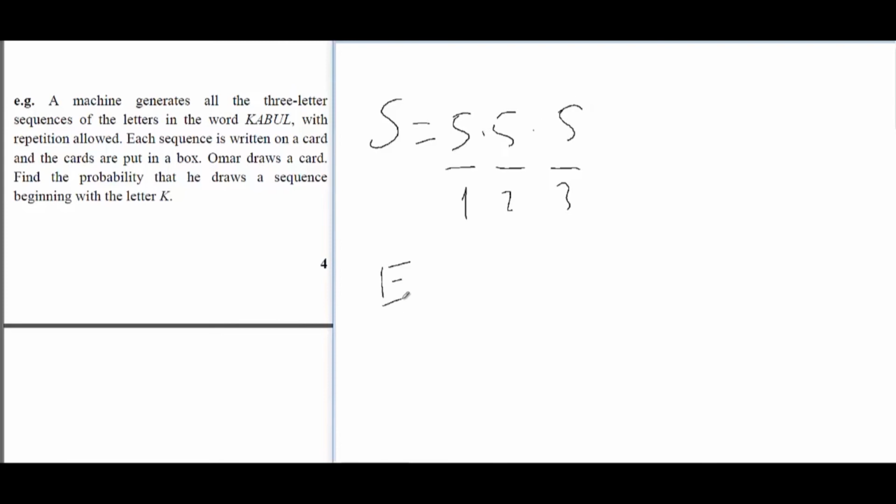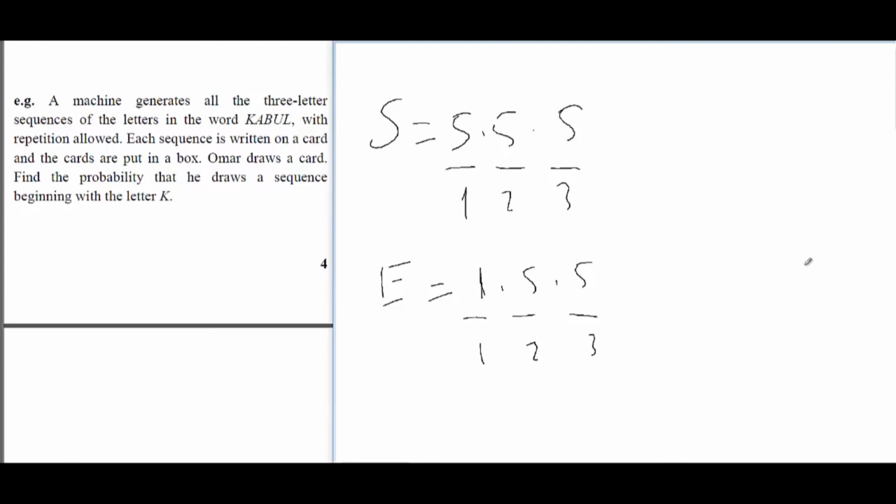But for this event, the sequence must begin with K, so we have only 1 choice for the first letter. For the second and third letters, we have 5 different choices, because in total we have 5 letters.